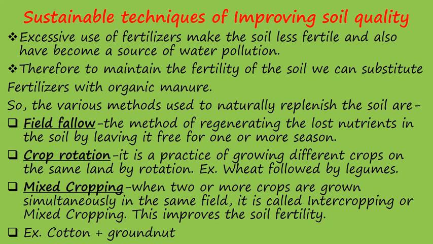Another method is crop rotation. It is the practice of growing different crops on the same land by rotation. It involves growing two or more crops alternately on the same land. For example, after growing wheat for a season, farmers prefer to grow a legume crop such as peas, gram, and groundnut.